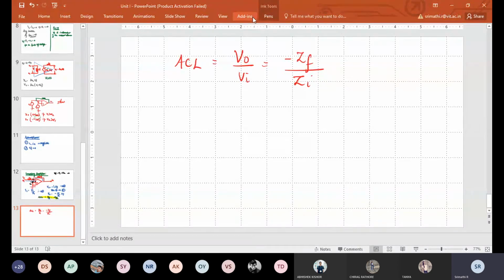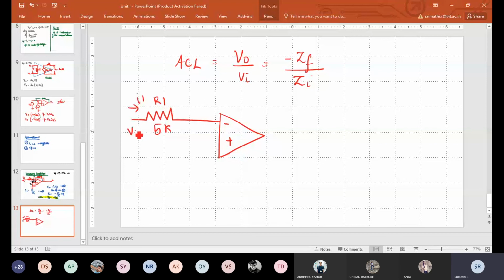Okay, let us solve one problem. With that, I'll complete today's session. This is the problem diagram. I have an input through R1 of 5K, with current I1 and input VI. I will have a feedback resistance RF of 10K.